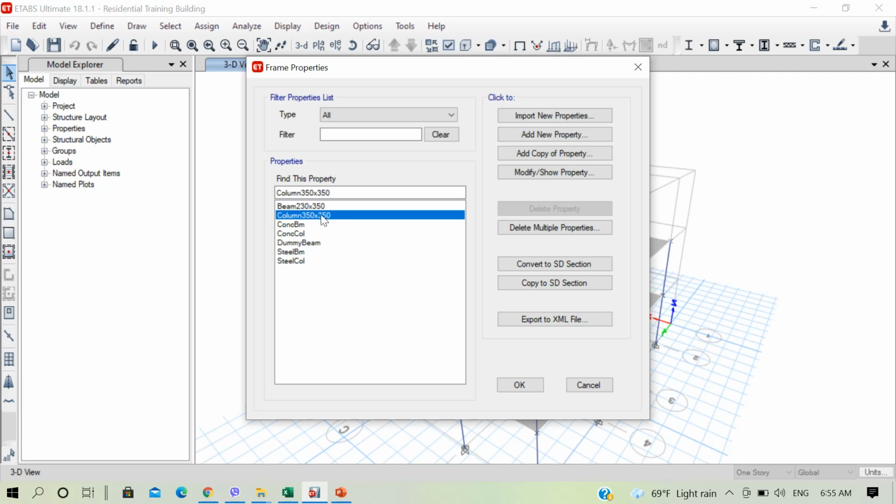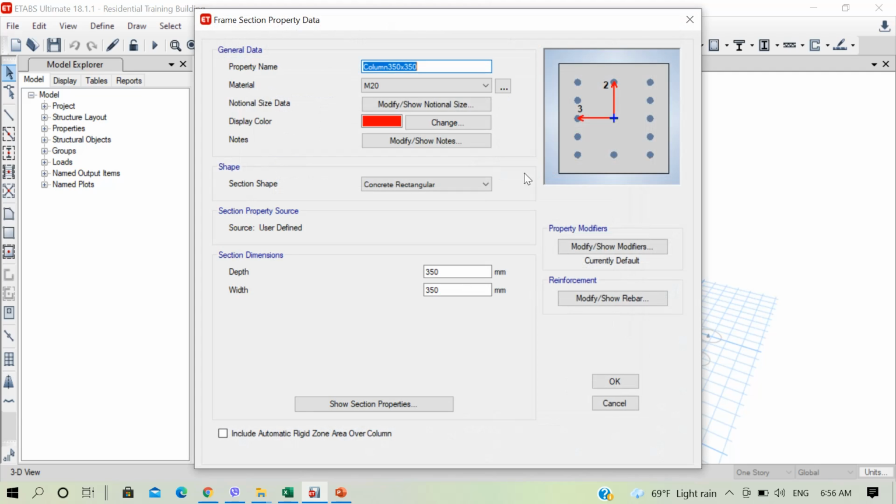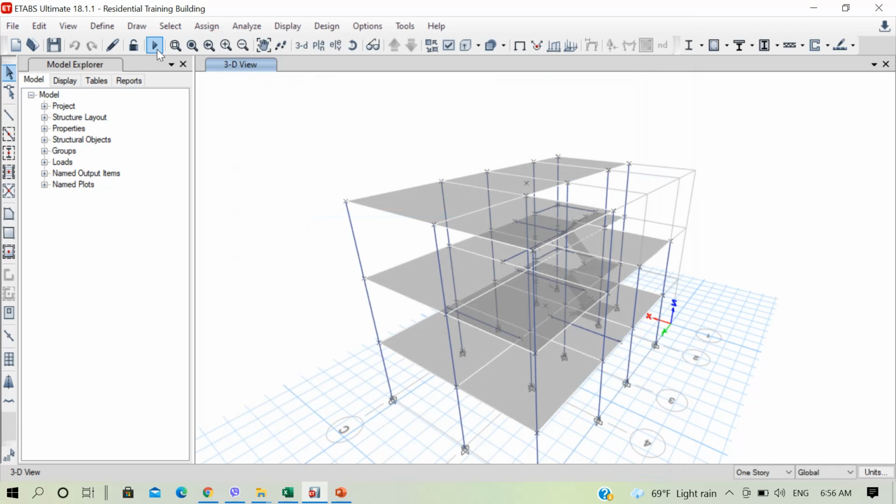So I selected that column 400 by 400, went to modify show property, and changed the depth and width of those columns, and I renamed that column again. So the process is very easy. We just have to go to the definition menu and change the section dimensions for the column. After changing the section dimension, I run the analysis again and then I perform the design.